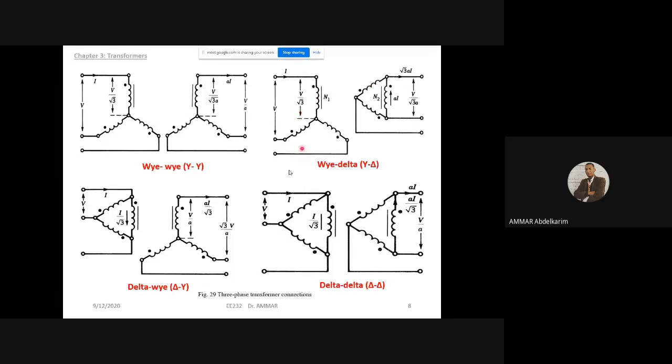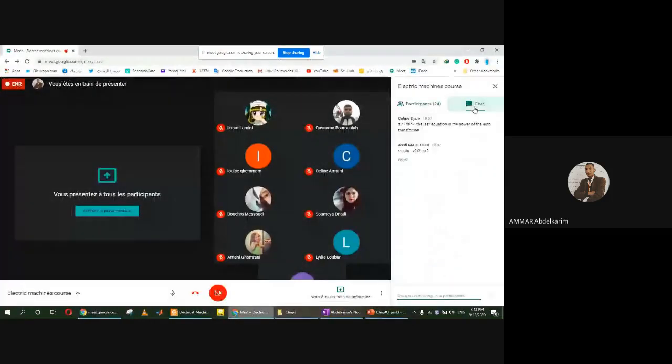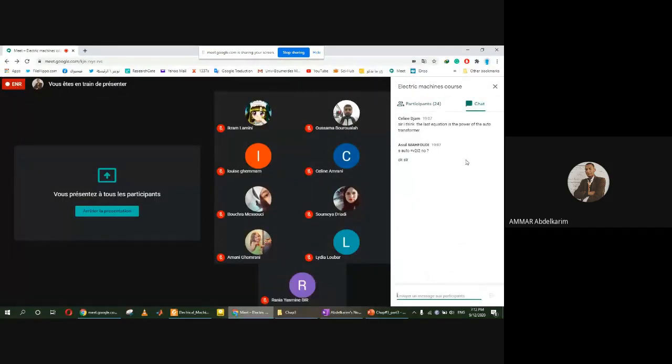This one is Y-delta connection. Normally we have a lab in our program of these connections. This is delta-Y connection, and the last one is delta-delta connection. Those are the 4 possible connections of a 3-phase transformer.